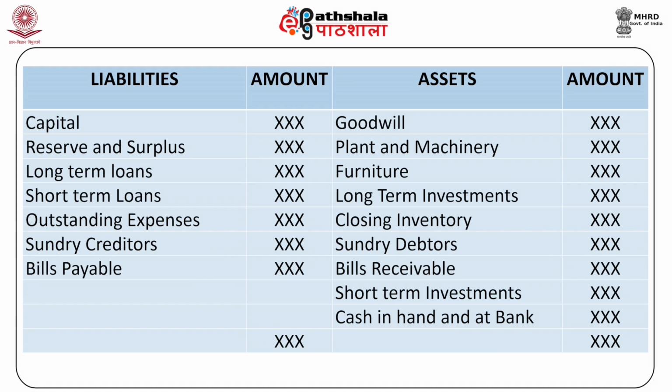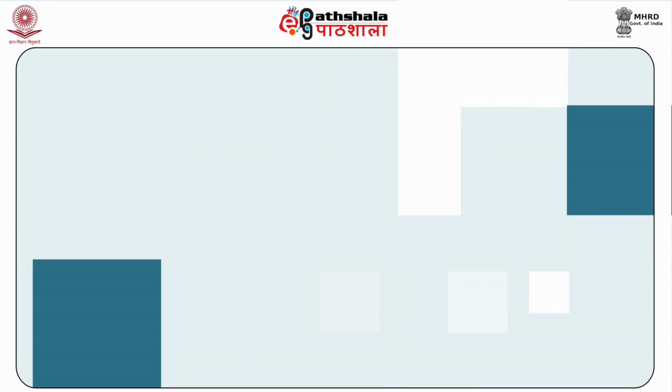Now here on the liability side, we start with capital followed by reserves and surplus, long-term loans, short-term loans, outstanding expenses, sundry creditors, bills payable and the total of them. On the right hand side, assets start with goodwill, plant and machinery, furniture, long-term investments, closing inventory, sundry debtors, bills receivable, short-term investments, cash in hand and at bank.